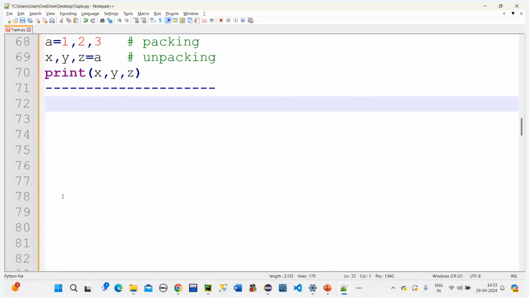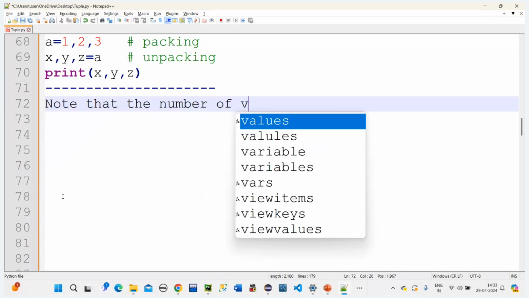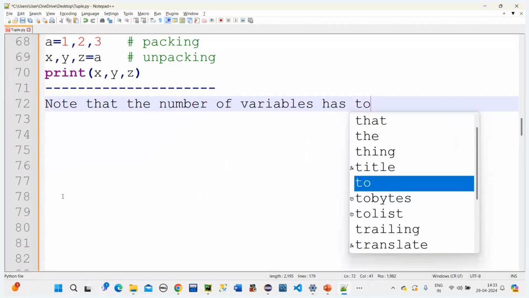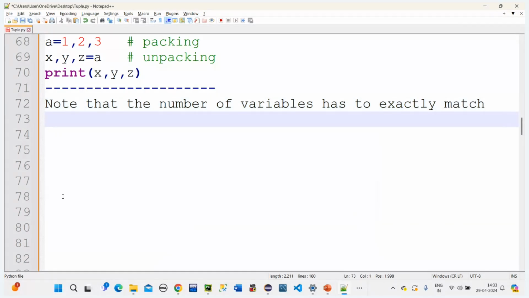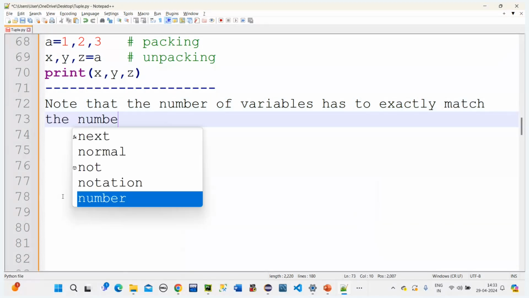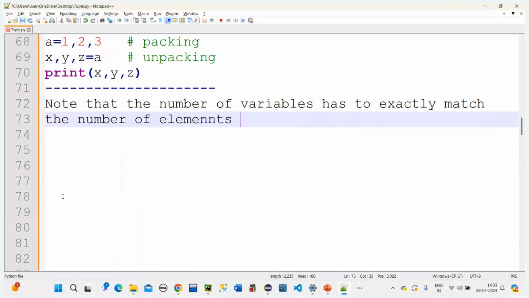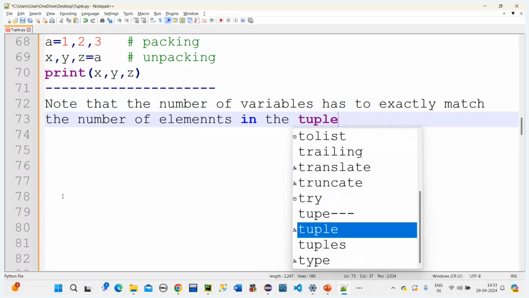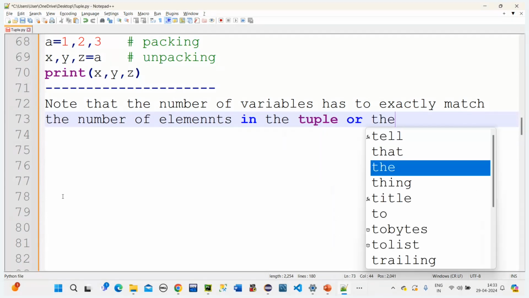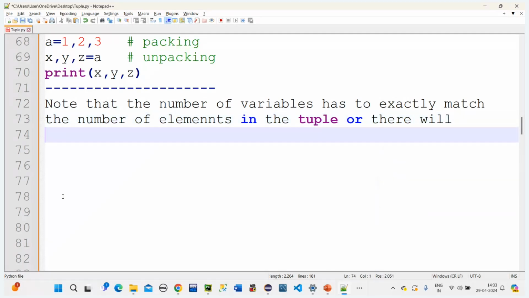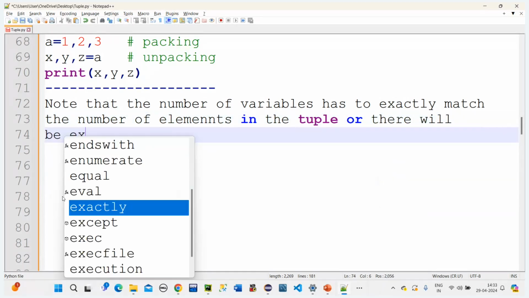Note that the number of variables has to exactly match the number of elements in the tuple, or there will be an error, or we can say exception.